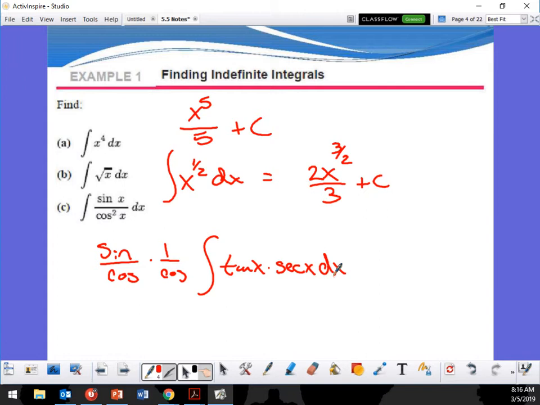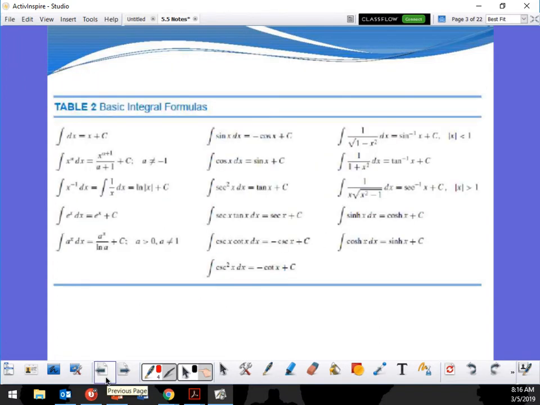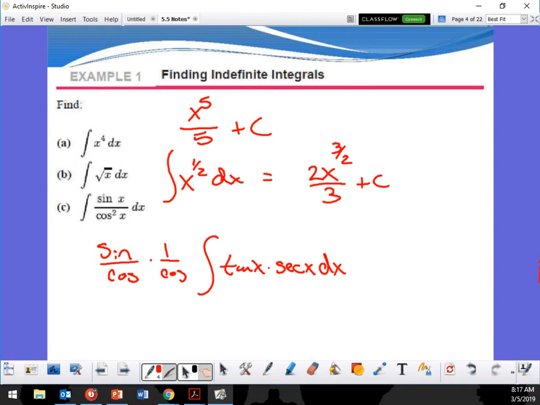Secant tangent. Or if you remember, the derivative of secant gives me secant tangent, so the antiderivative of secant tangent should give me secant x plus c.